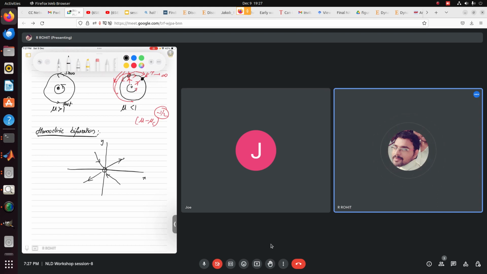Now in a homoclinic bifurcation, any trajectory that starts over here will go like this, and say you had a limit cycle oscillation here, it will move through it, and it will come back towards this saddle.